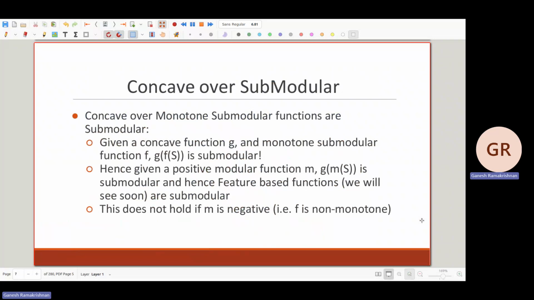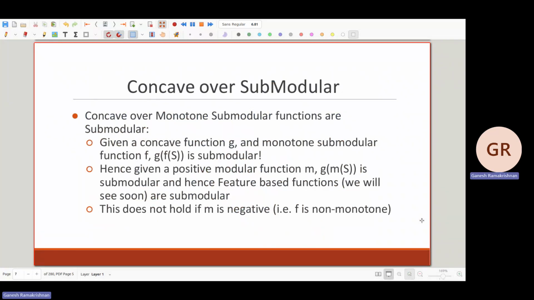Let's take a simple example: size of set. What kind of function is it? Is it submodular, modular, supermodular? Is a linear function concave, convex? It's everything. Cardinality is modular, submodular, supermodular, everything. But you call it a modular function.